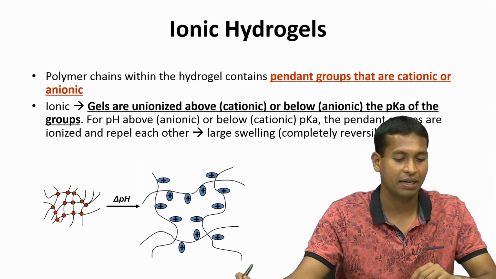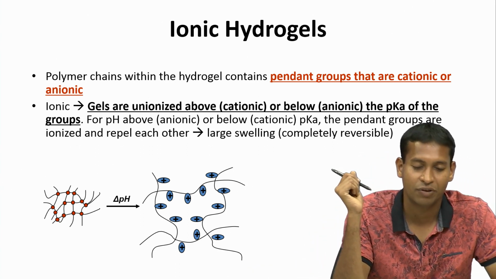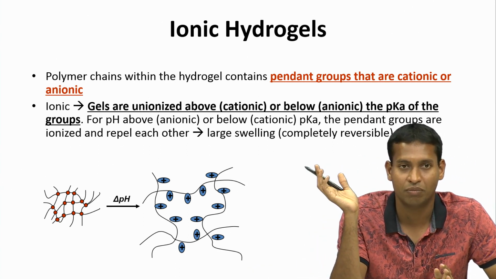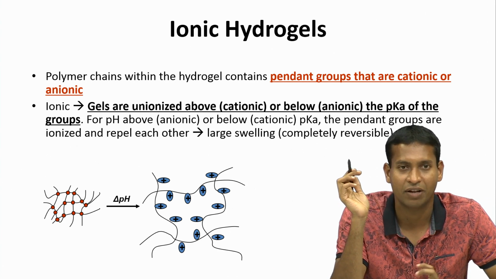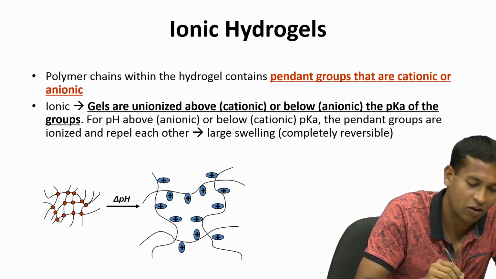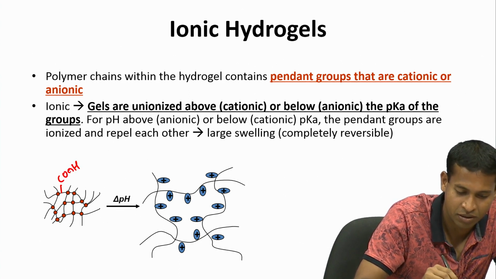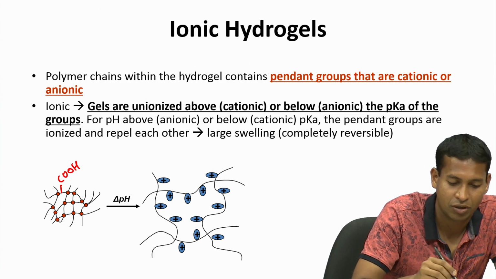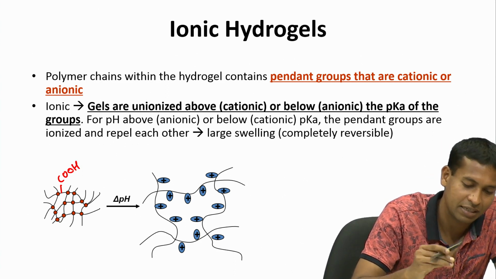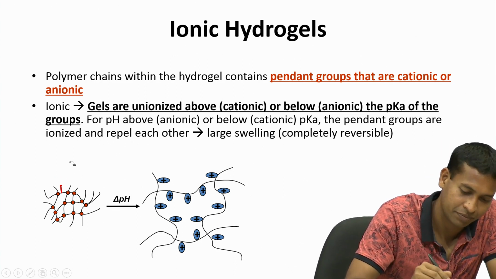So an example here: let us say these chains were initially all bonded together and are fairly stable, but along with these cross-linking places there is a functional group, let us say carboxyl, or let us say amine, in this case.